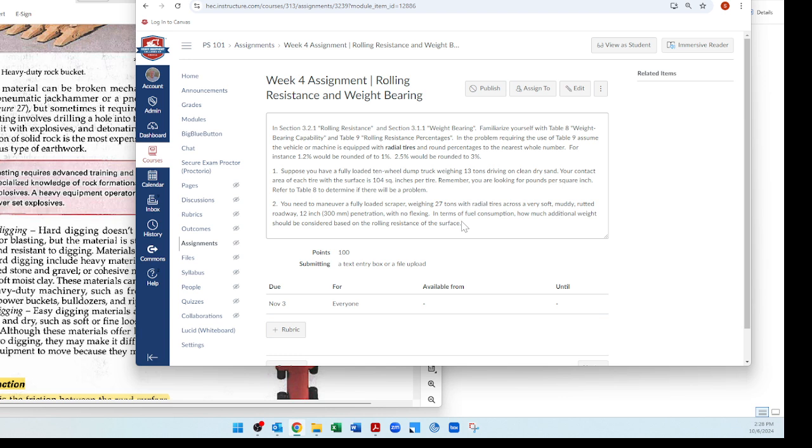In section 3.2.1, rolling resistance, and section 3.1.1, weight bearing, this is all in the instructions for the week 4 assignment. Familiarize yourself with table 8, weight bearing capabilities. We did that. And table 9, rolling resistance percentages. We did that. In the problem requiring the use of table 9, assume the vehicle or machine is equipped with radial tires.